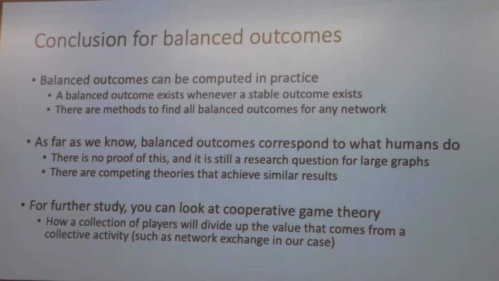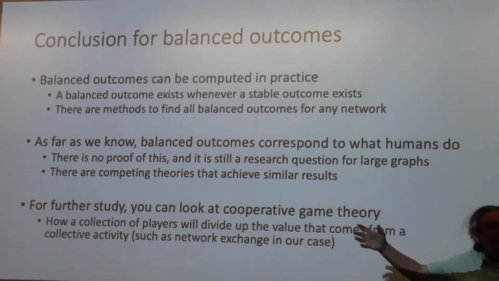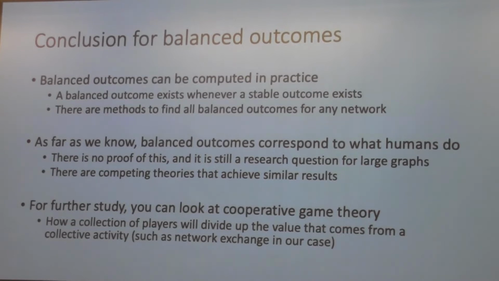And balanced outcomes you can compute. They exist whenever a stable outcome exists, and you can find the balanced outcomes for any network if they exist. As far as we know, it corresponds to what human beings do when they negotiate.